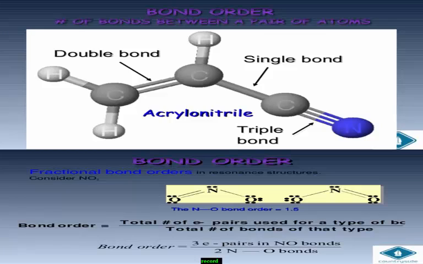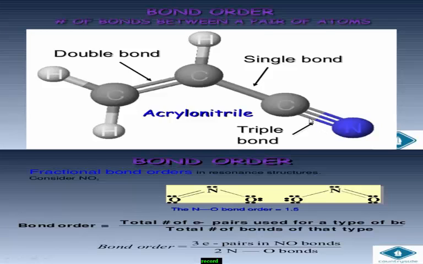Yes, when you observe one example, this one is acrylonitrile. The structure of the compound is CH2 double bond CH, single bond C, triple bond N, acrylonitrile. When you observe this structure, between these two carbon atoms there is a double bond, here there is a single bond and here there is a triple bond.